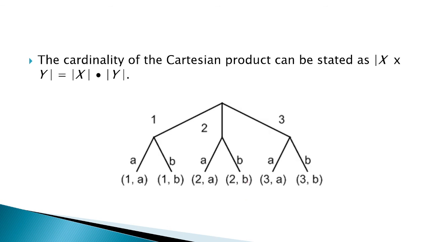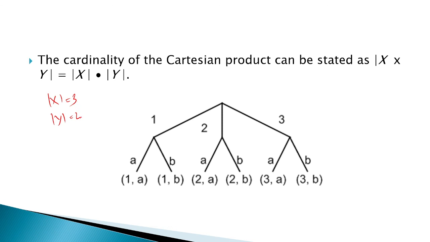Now, for the cardinality of our ordered pair, you simply multiply the cardinality of your first set with the cardinality of your other set. So, kung napansin natin, our example earlier, ang cardinality ng X natin is 3. Ang cardinality ng Y natin is 2. So, to get the cardinality of X cross Y, i-multiply lang natin yung cardinality nilang dalawa, respectively.